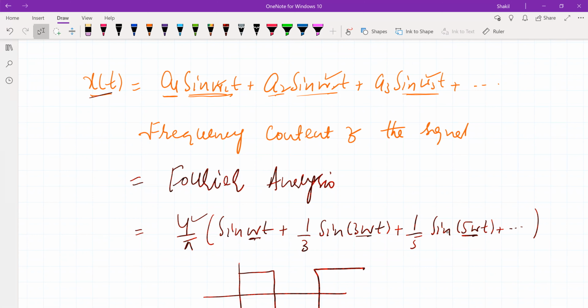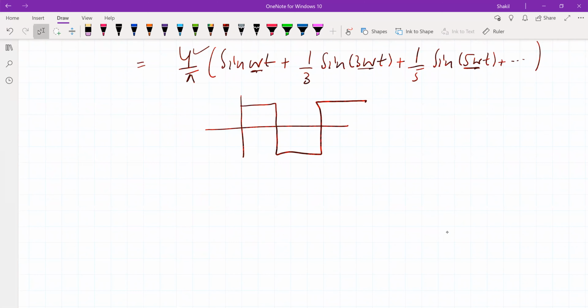Now, the second important reason why we go for Fourier analysis, or why we express x of t as a weighted sum of sine waves, is this.